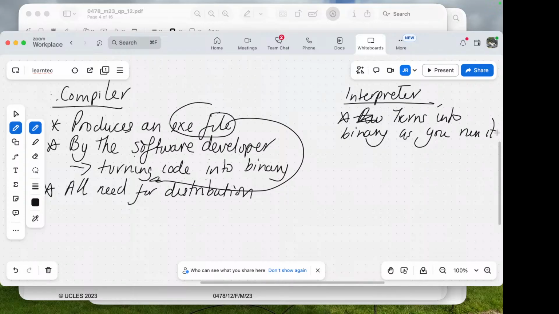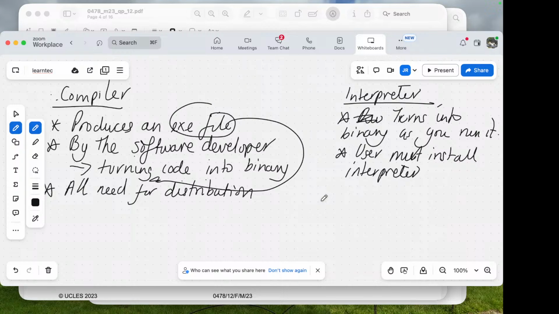Sorry about my appalling handwriting. So you don't get that executable file. That means the user must install the interpreter onto their machine. Now that's good or bad. I mean, Java is an interpreted language, and lots of people just install the Java runtime environment and they can then run anything.